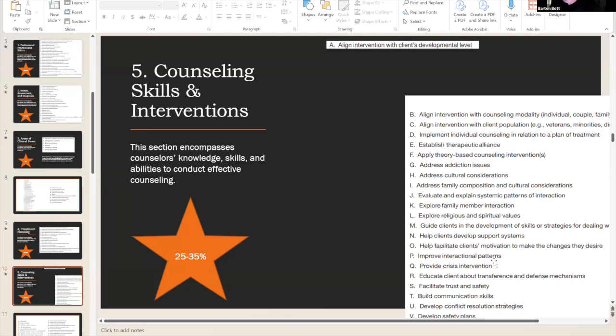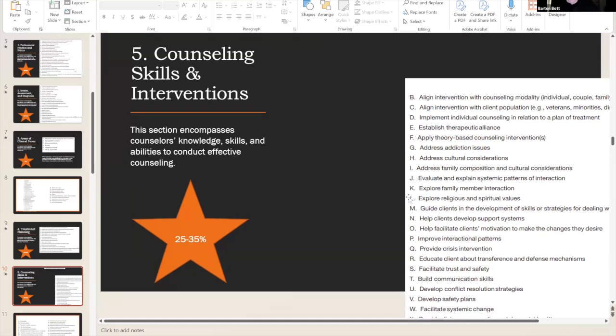And you can see improve interactional patterns, address cultural considerations, address addiction issues, apply theory-based counseling interventions, facilitate trust and safety, build communication skills. And for each of these level of knowledge requirements, the questions will be, how are we going to do that? Or we do it within the body of the narrative, and then it'll say, what did you just do? Such as demonstrate empathic attunement or something such as that.